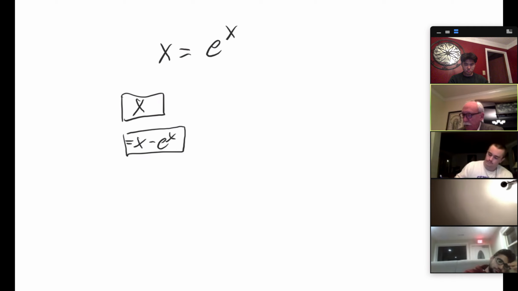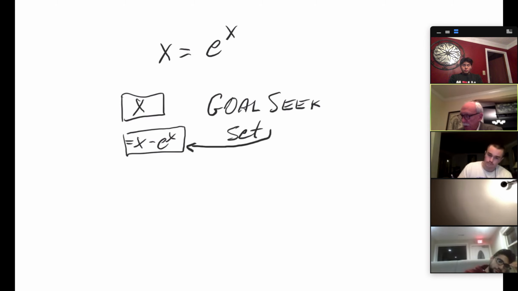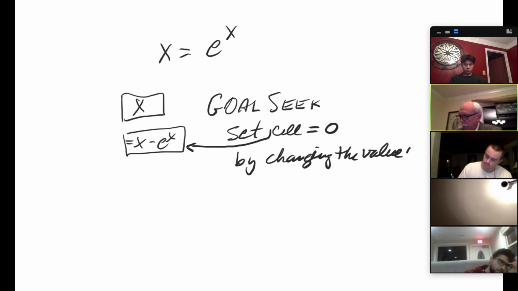And then you use goal seek to set this cell equal to 0 by changing the value in this cell.